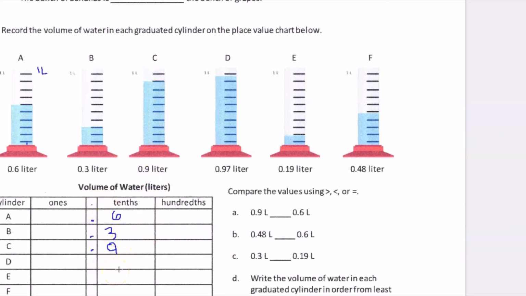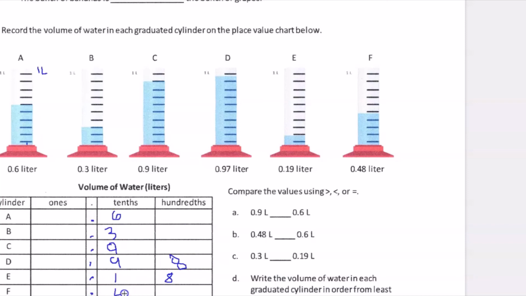D looks like it could be just below, so we're going to call that 0.98, something like that. And E looks like just below 2 tenths, so let's call that 1.18. And then F looks like almost 0.50 or 5 tenths or 50 hundredths.